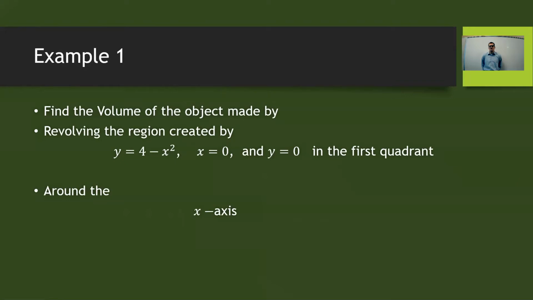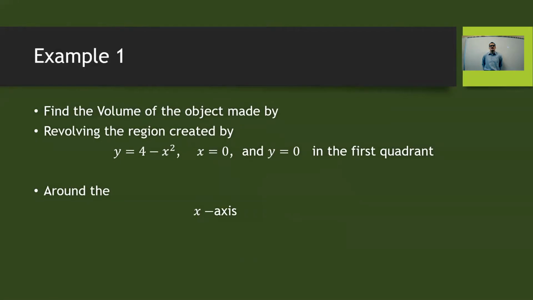Okay? So you can do this a number of ways. You can graph this. I like to draw it by hand. Some people like to use Desmos and graph it. Some people just try to do it without graphing.